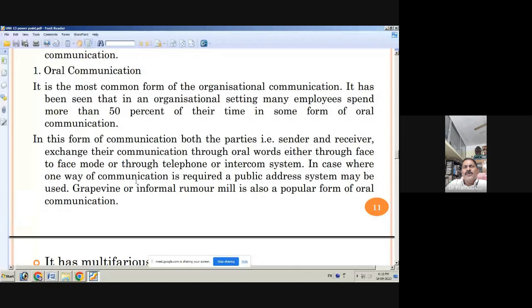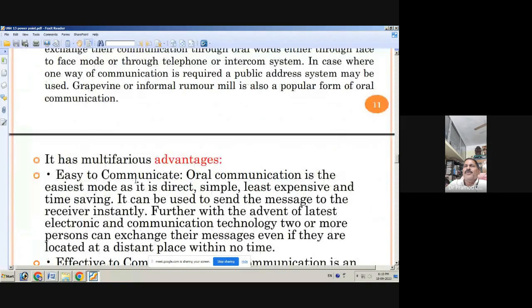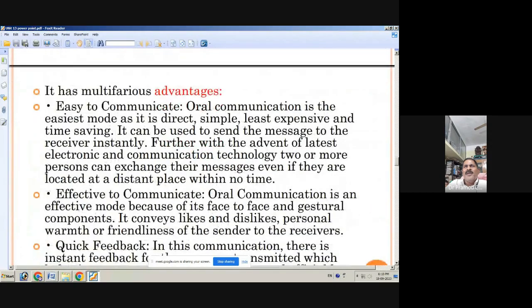Sometimes the oral conversation may be for a longer period. It also has some advantages, because when someone is saying something, one is listening, and there is every possibility of clearing the doubts.